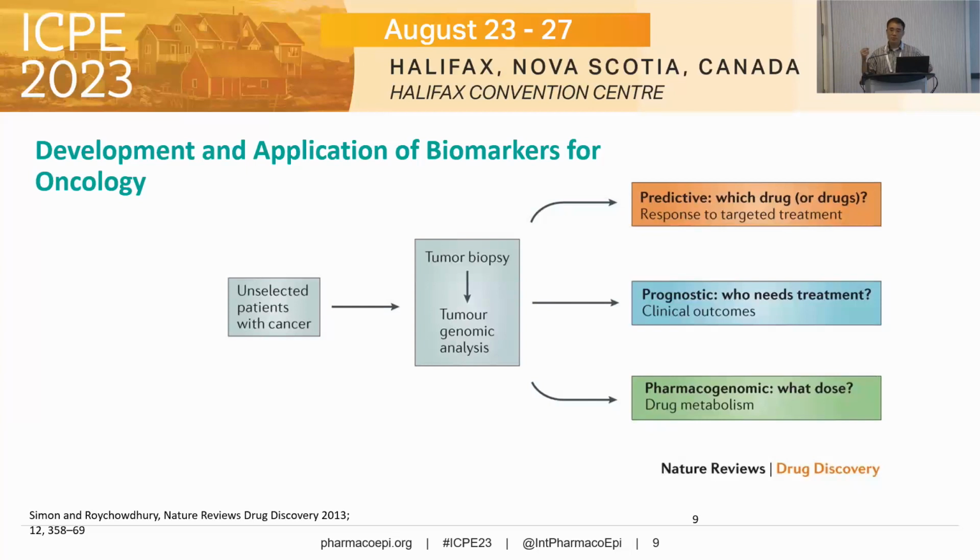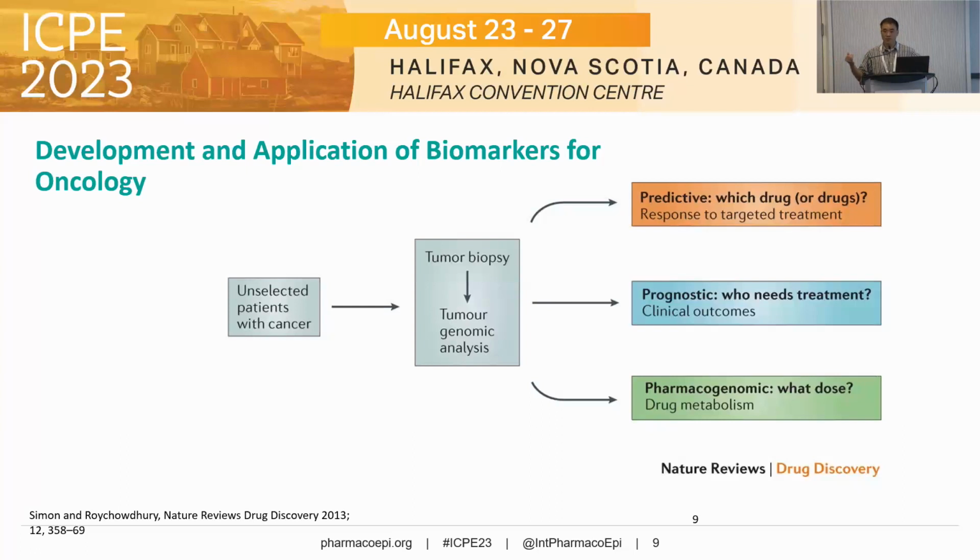But there are also many other biomarkers that may not be predictive, may not be for a specific subgroup of patients, but are prognostic, right? A prognostic factor is not necessarily related to a specific treatment, but it can also affect the outcomes. For example, disease stage, gender, or smoking are prognostic factors.